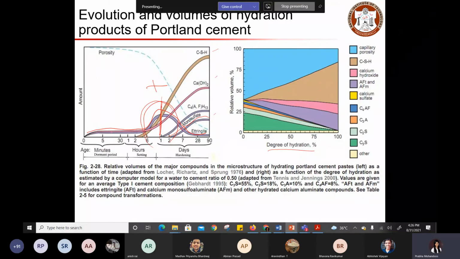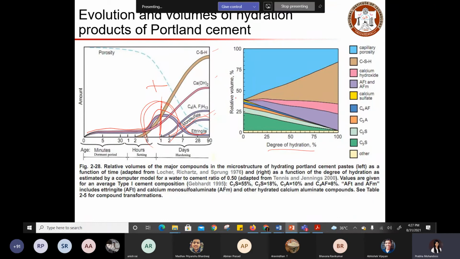It starts forming once you have your hydration process and attains its peak after 24 hours. And after 2 days, it drops because it reacts further to form monosulfate.